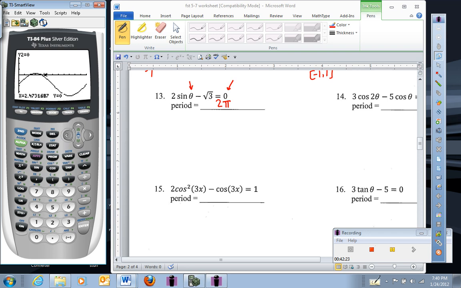And let's see if we can find out where those 2 spots are. The first one is at 1.047. 1.047, if I check my radian chart, is at pi over 3, exactly at pi over 3.